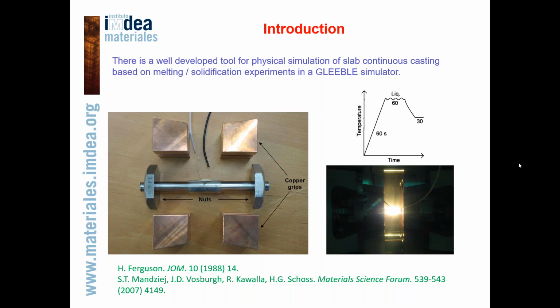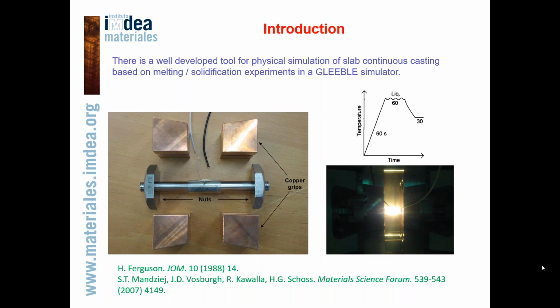Yeah, the main difference is that using ceramic tubes, we can physically simulate skin formation in the material. That is something that we cannot do using standard melting and solidification experiments using quartz tube.